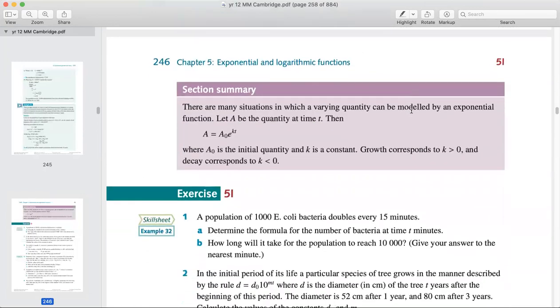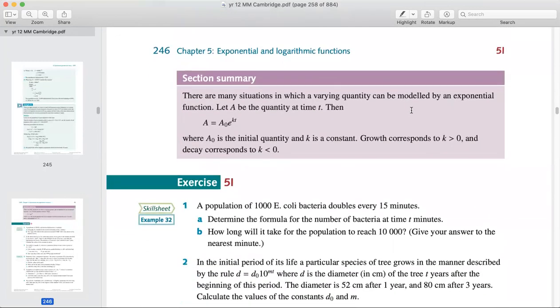Okay. So for 5I, it's just this one to remember: A equals A naught times e to the kt. And for these things, in chapter 9 we're going to learn how to write differential equations, and you're going to calculate by yourselves.